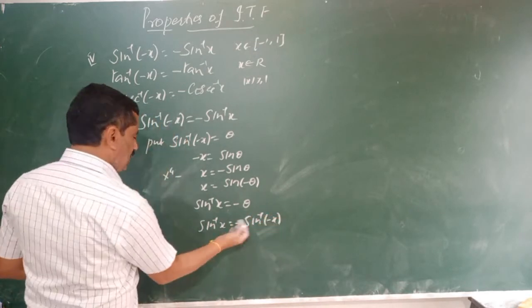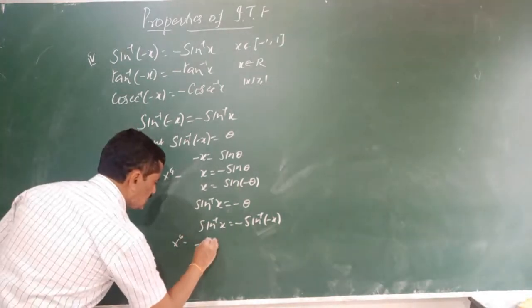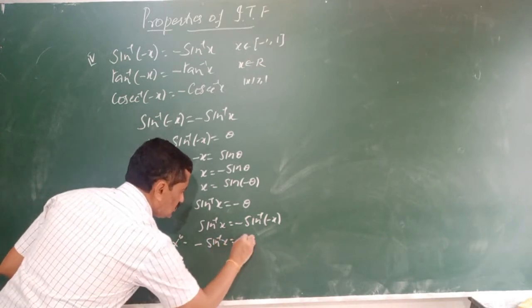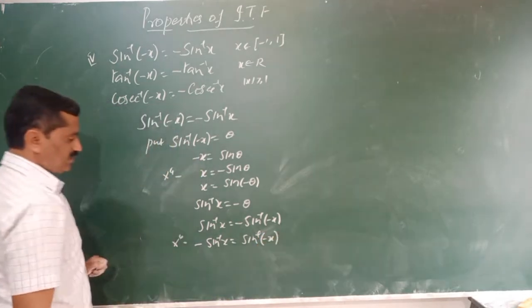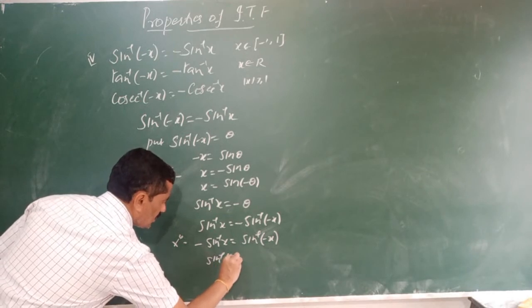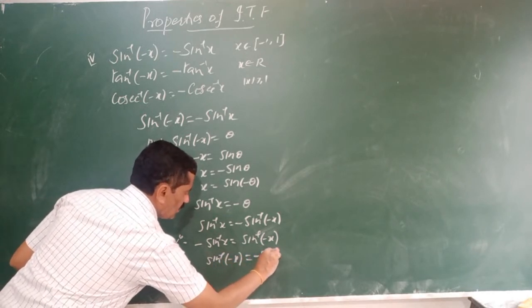Again multiply by minus. Therefore minus sine inverse of x is equal to sine inverse of minus x. So sine inverse of minus x is equal to minus sine inverse x.